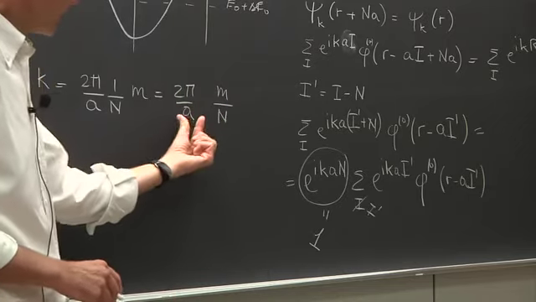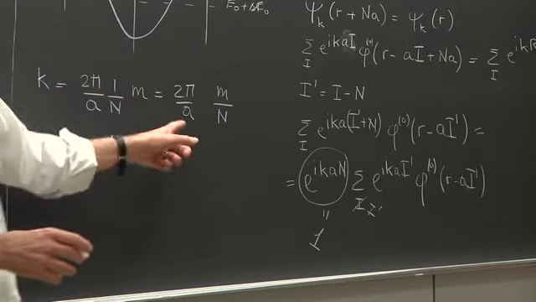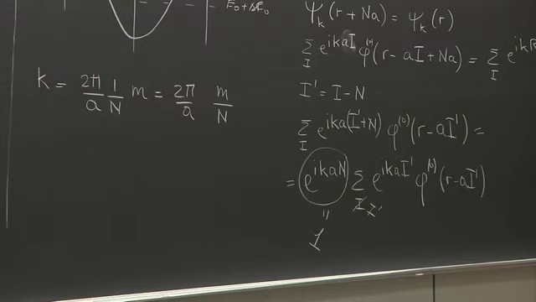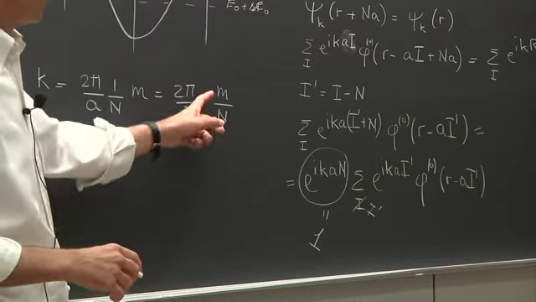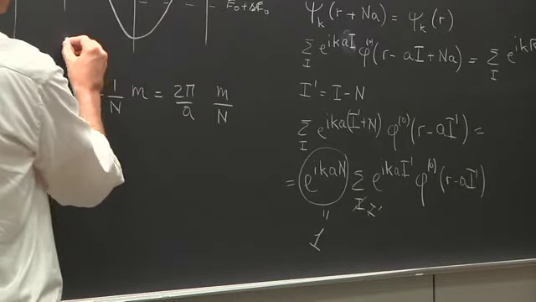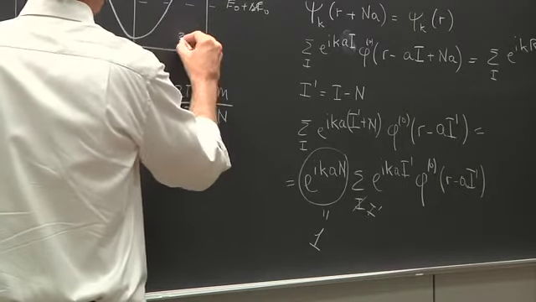in small bits, in small slices, the width of which is 2 pi over a divided by capital N. So in other words, if this is 2 pi over a, the total length of this is 2 pi over a.